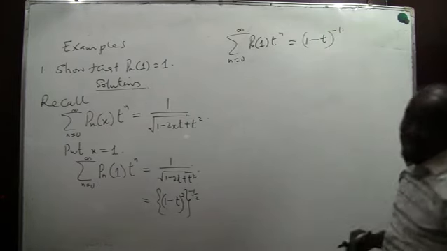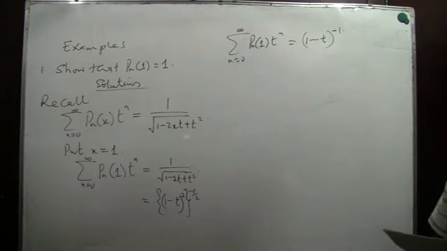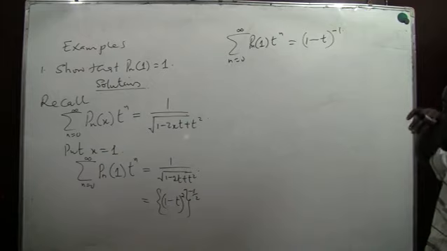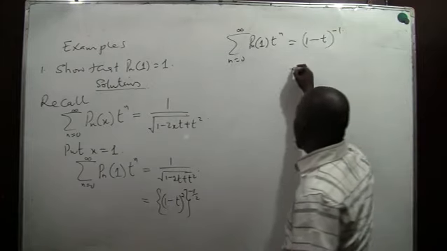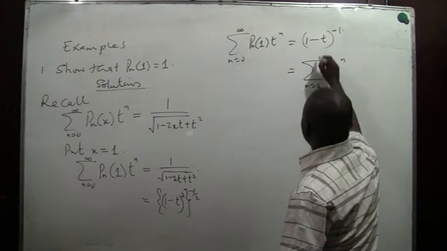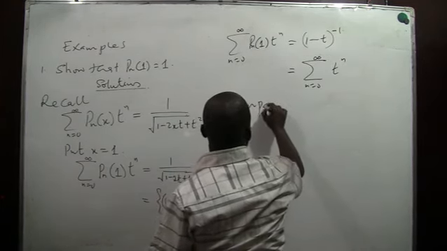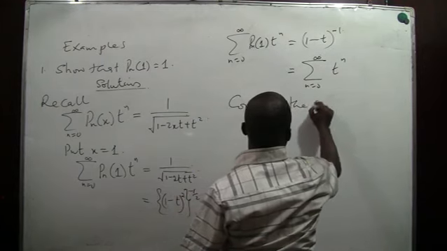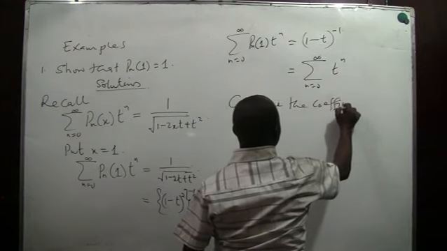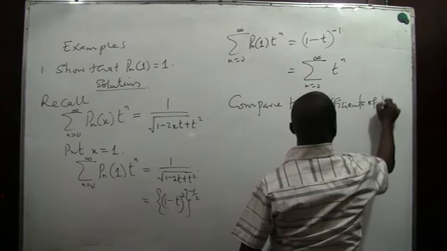So we are going to expand the right hand side now using binomial expansion. If we use binomial expansion to expand the right hand side, we will generate summation t raised to n from 0 to infinity. Now compare the coefficients of t raised to n.